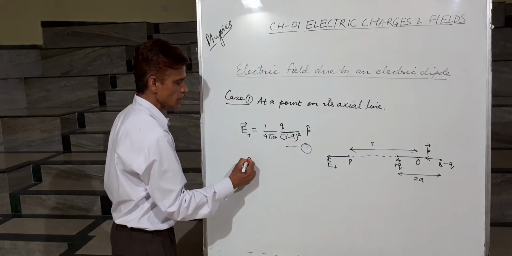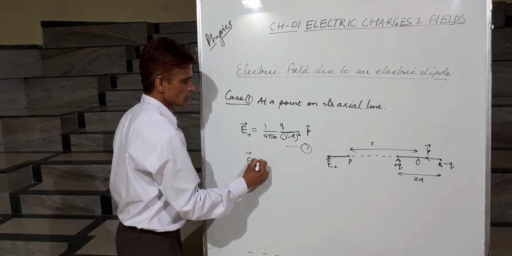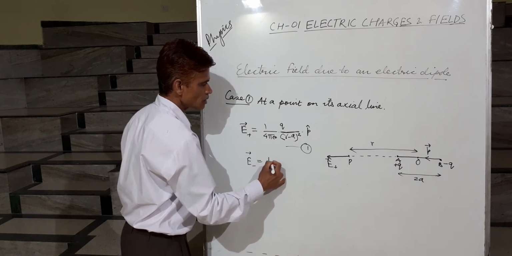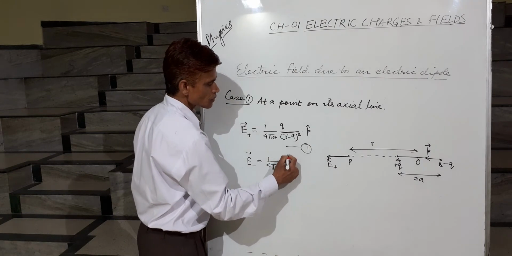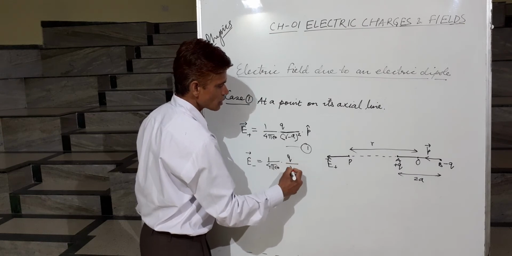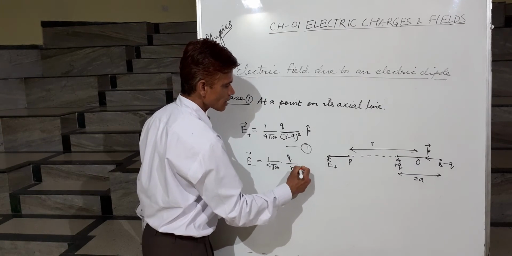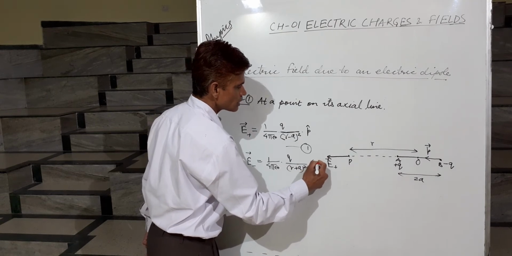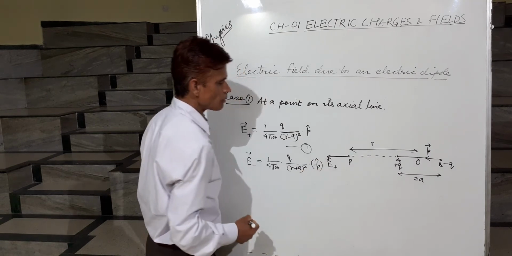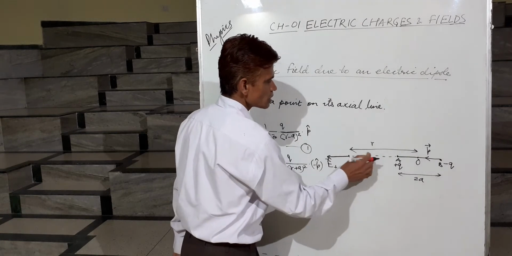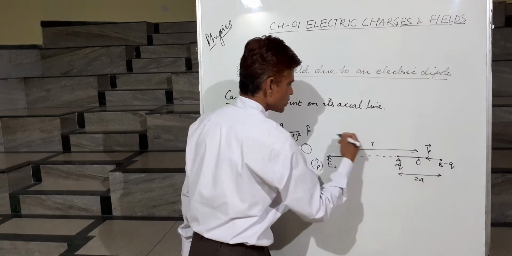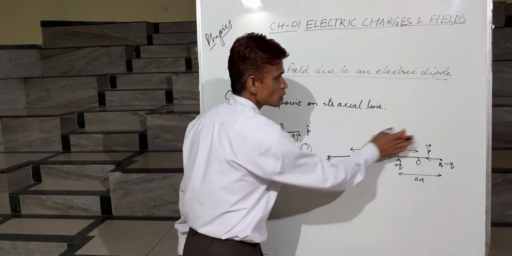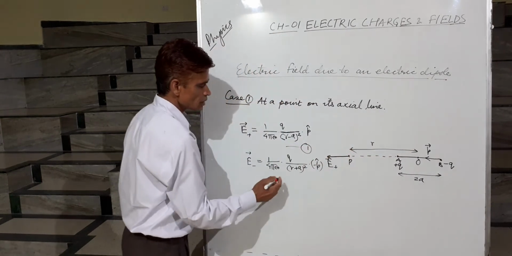So E minus will equal 1 by 4 pi epsilon naught into q upon (r plus a) whole square into minus p cap. Why minus p cap? Because the unit vector p cap is in this direction, so minus p cap will be opposite to this direction.